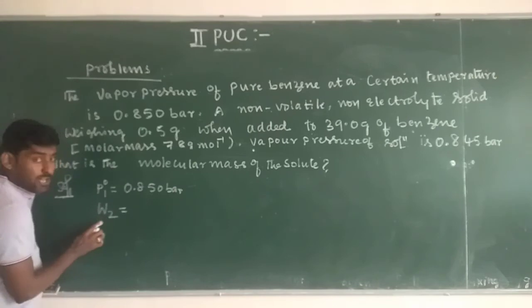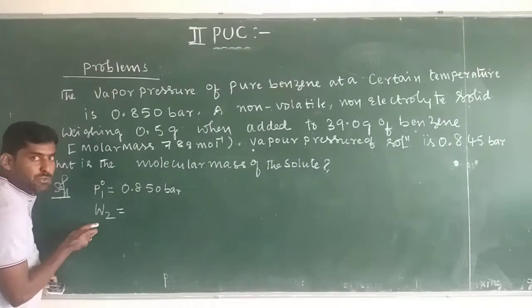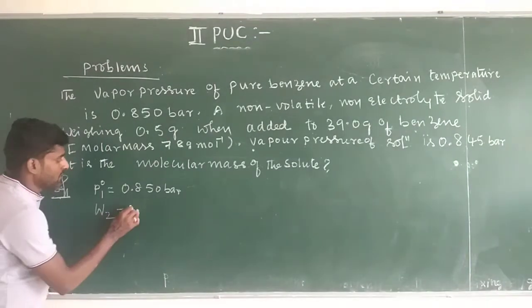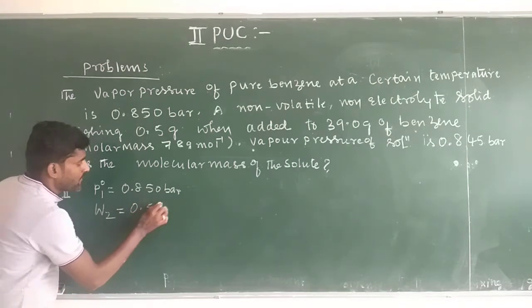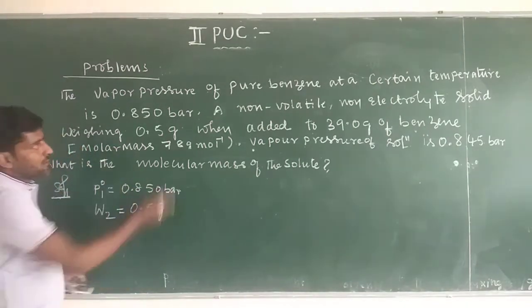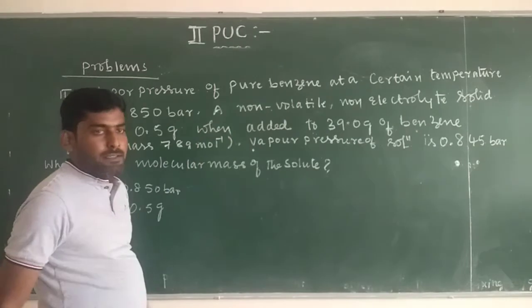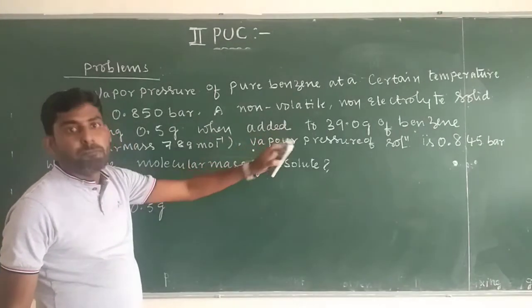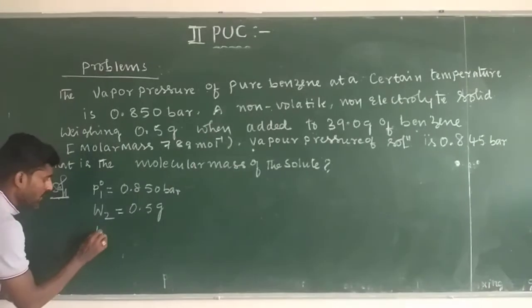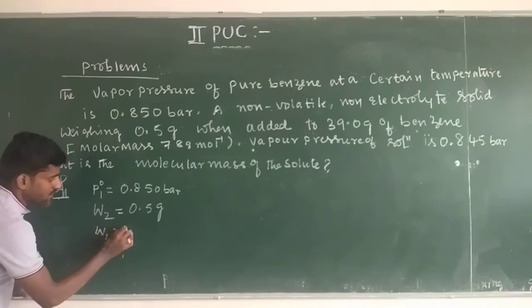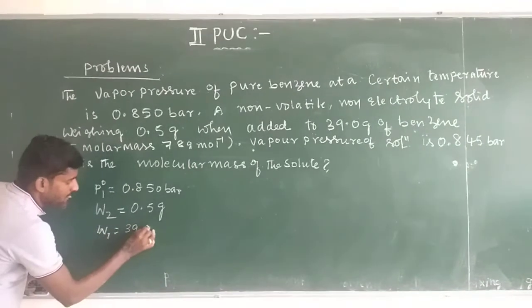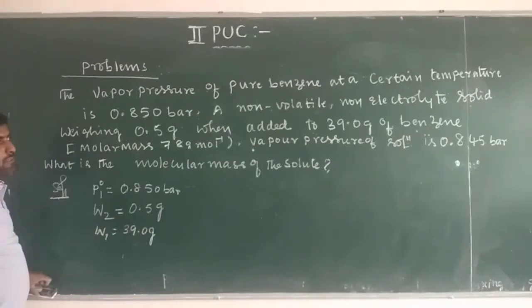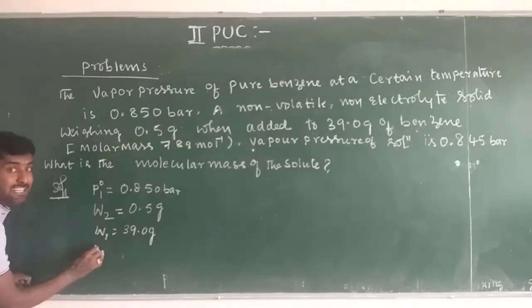Here the mass of solute is taken as W2, that is 0.5 gram, dissolved in 39.0 gram of benzene. So that is W1, W1 is equal to 39.0 gram. Then the vapor pressure of solution decreases.